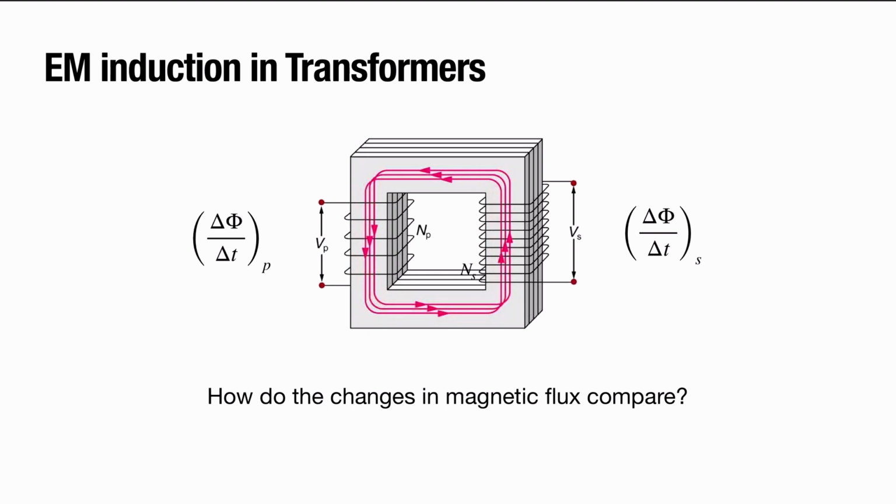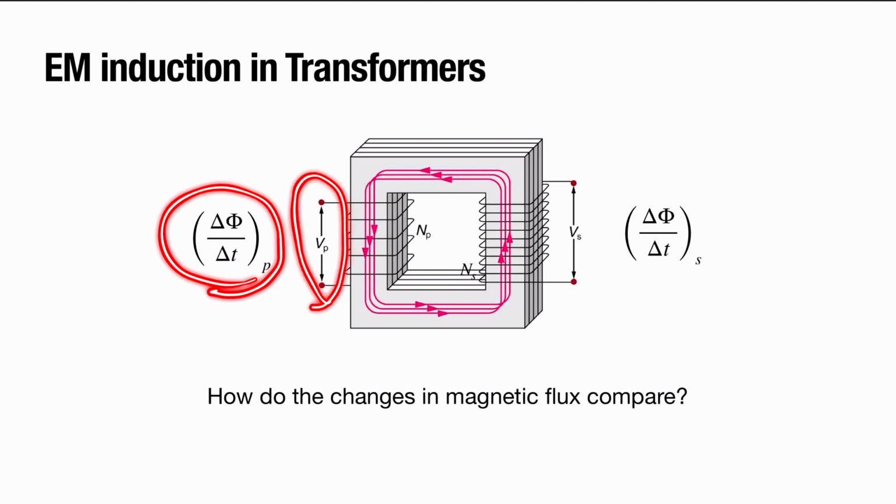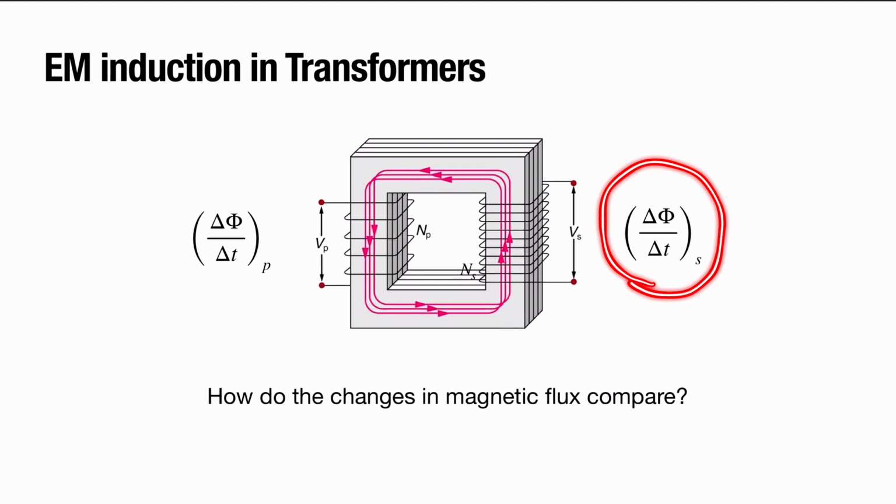The main takeaway here is that the change in magnetic flux on the left side of the transformer must be the same as the change in magnetic flux on the right side of the transformer. That's how the magnetic fluxes compare. They have to be the same because the number of magnetic field lines flowing through this coil is the same as the one flowing through that one.